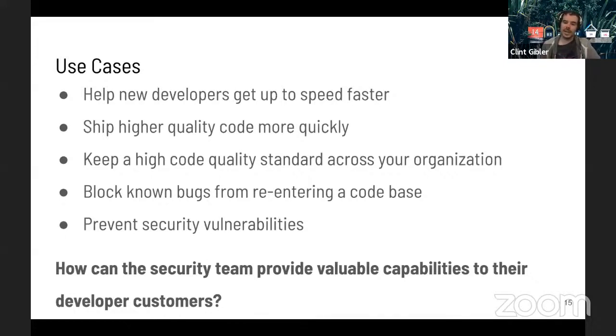One thing that I think is a useful principle to think about, not just in this space, but in general, is how can the security team provide valuable capabilities to our developer customers? In this case, we're talking about being able to intelligently and quickly search code, but I think this applies to many domains. For example, asset inventory or visibility.